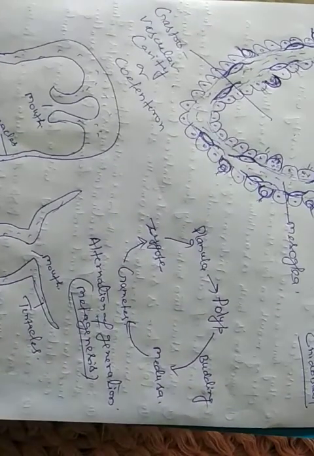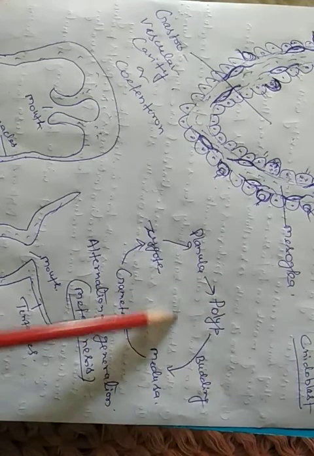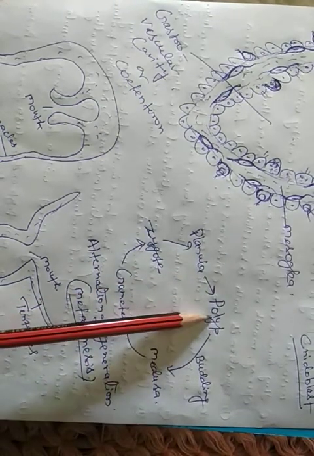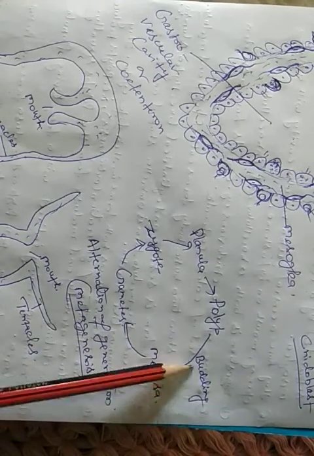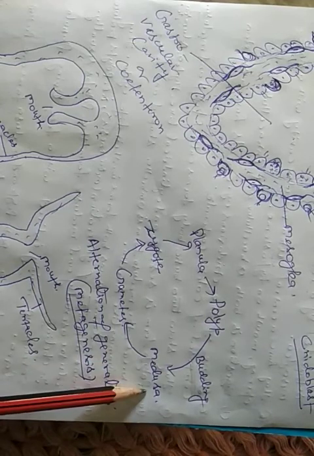Now some coelenterates show alternation of generation, meaning both forms are found in their life cycle. Suppose this is the polyp form, the cylindrical, sessile body. In this polyp form, asexual reproduction occurs by the budding process, and it forms the medusa stage.